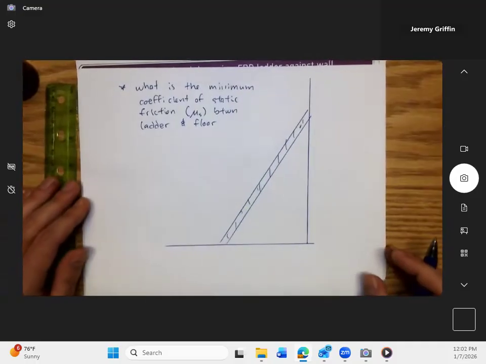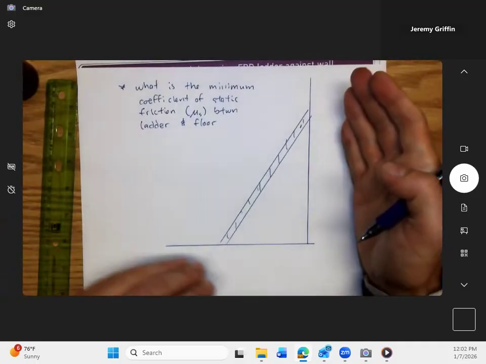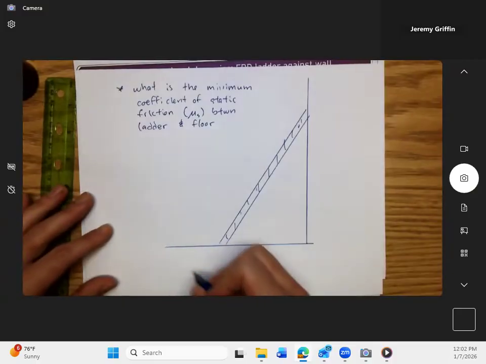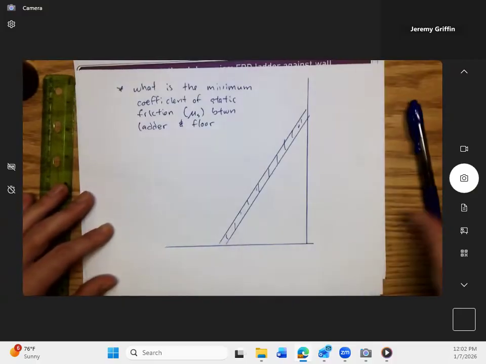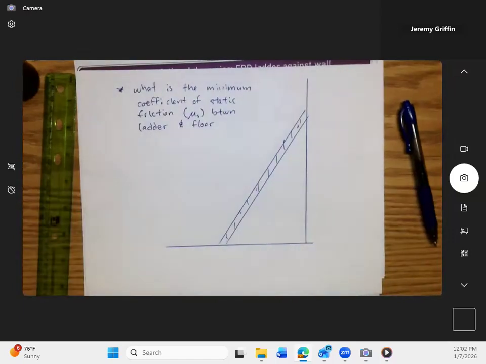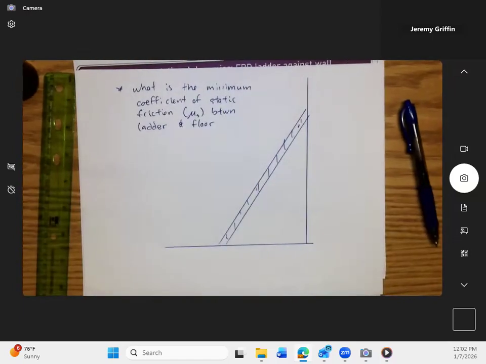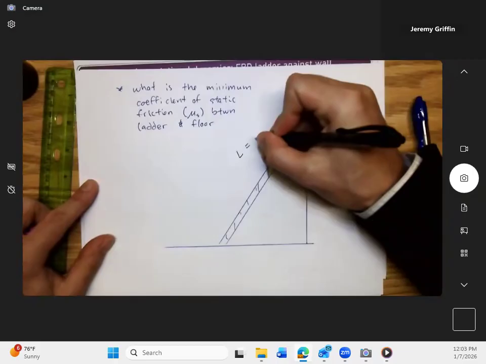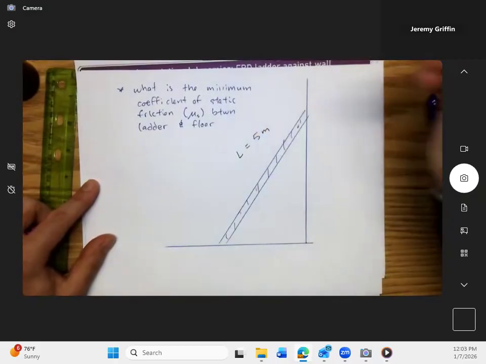Okay, so there's the ladder, resting against the wall on the side and the floor on the bottom. I need to give you guys some numbers. So let's say the length of the ladder is like 5 meters.